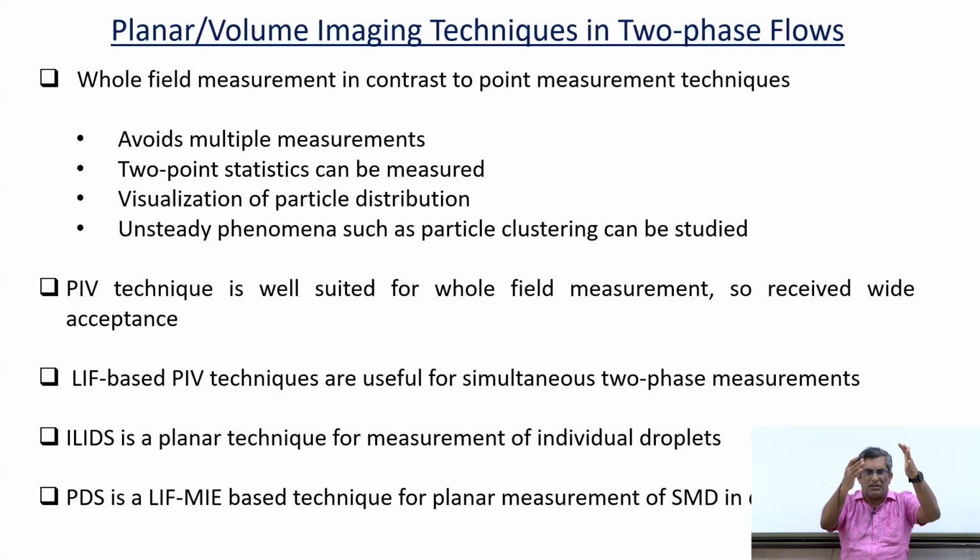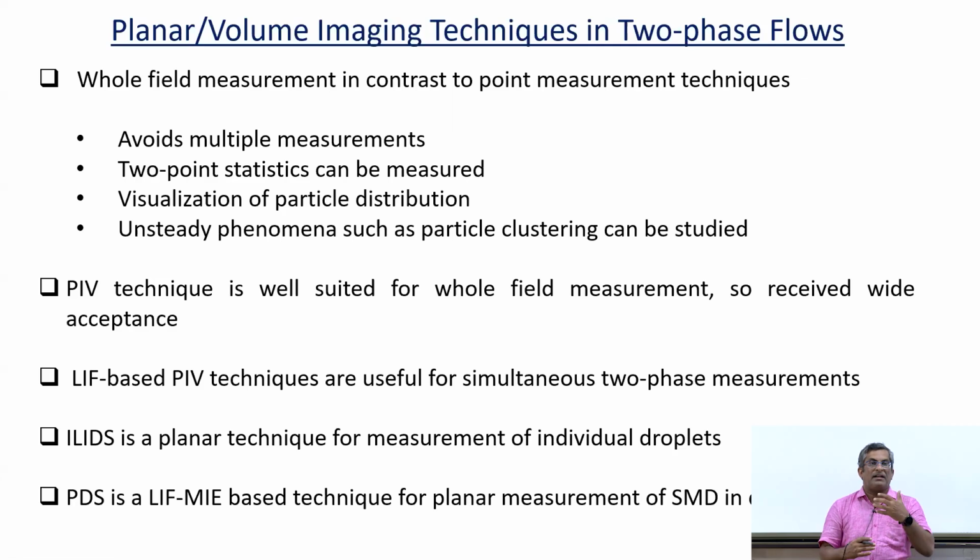So if you go on measuring throughout your flow, you can get a map or you can plot a contour of the mean concentration. However, instantaneously you won't be able to know. So that is the reason why unsteady phenomena such as particle clustering can be studied.